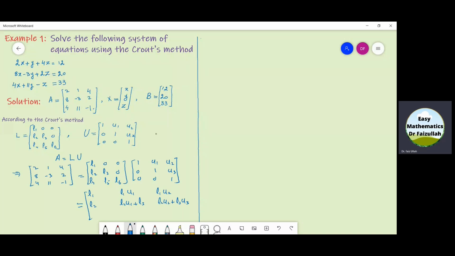In the last step, we have L4, and now we have L4 U1. And now plus L5. And in the next step, we have L4 U2 plus L5 U3 plus L6.